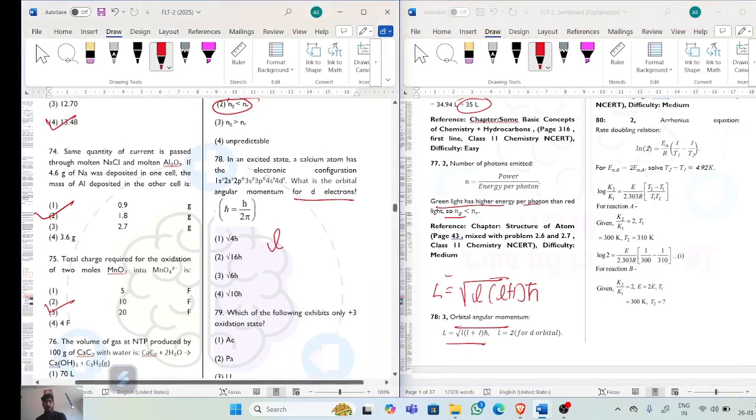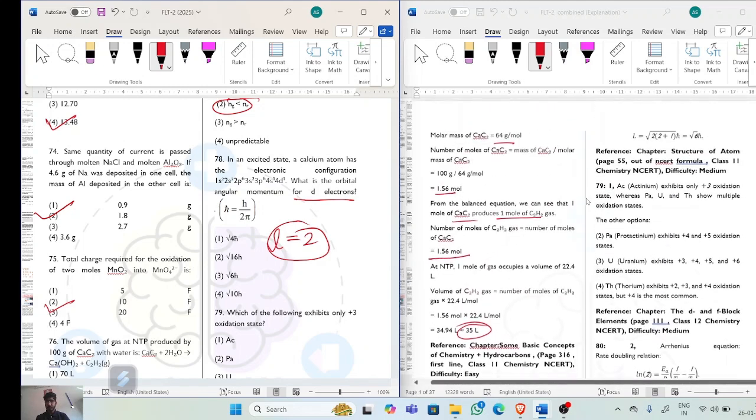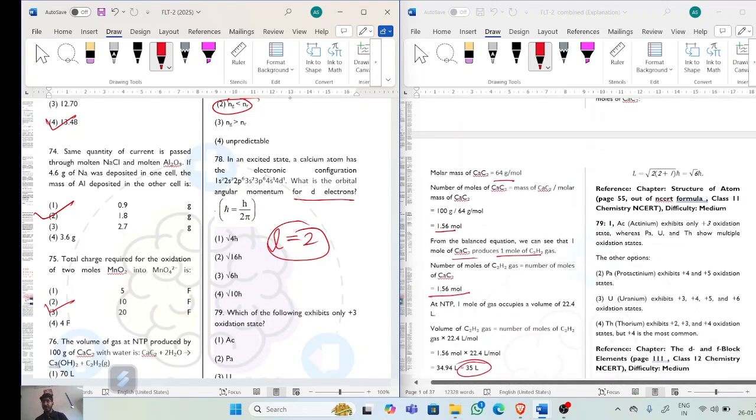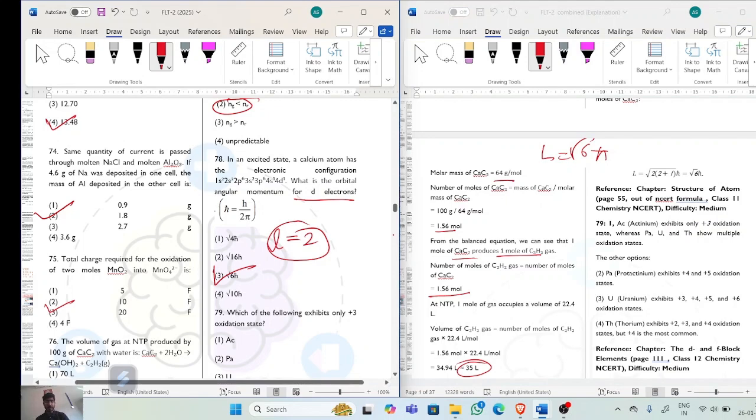We know the value of l, which is the azimuthal quantum number for d orbital, is l equals 2. Now putting the value l equals 2 in the formula for capital L, we get the value as under root 6 h cut. Okay, so option number 3 will be our correct answer.